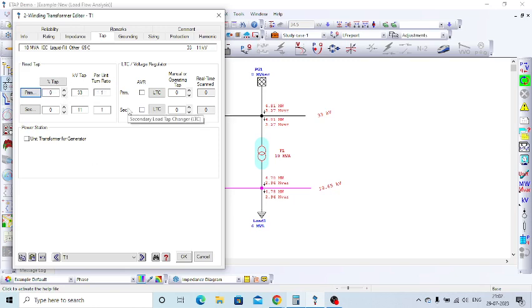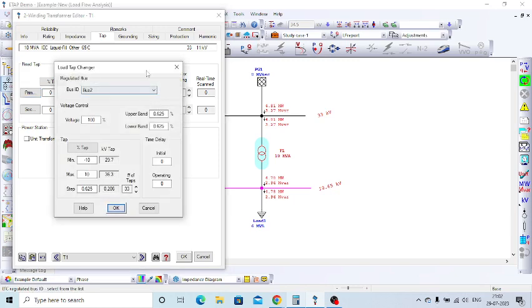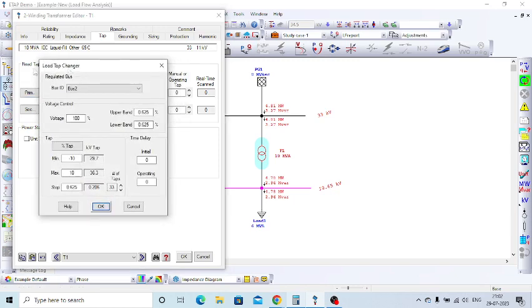But our on-load tap changer is not like that, so for that we have to model it. First, we have to select where the OLTC is available, that is in the primary. We just click it, then here you press the LTC, that is load tap changer.